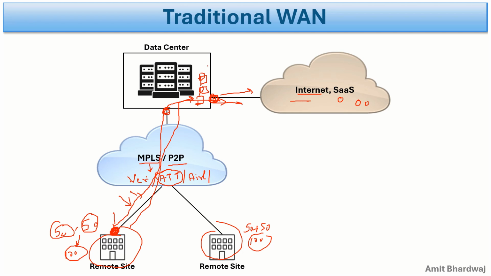Not only that, in order to cater to such a high demand for internet bandwidth from all the remote locations, the firewalls, switches, routers, and all the devices had to be of very high throughput so that they could scale to hundreds or maybe thousands of remote sites converging at the data center.